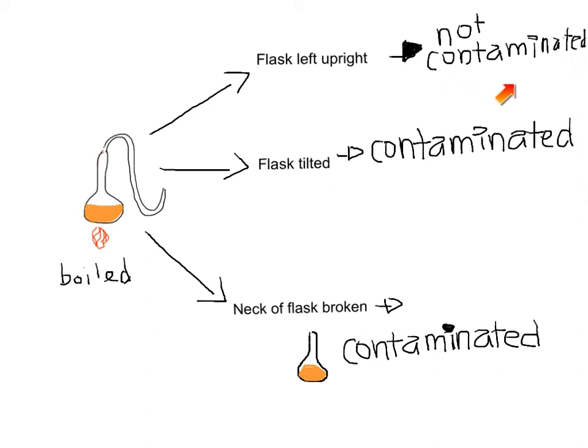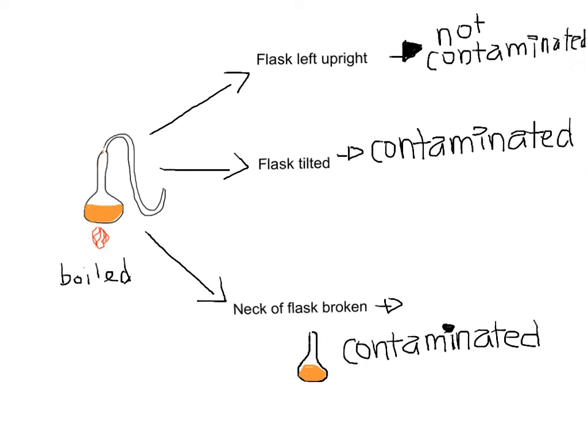And the results were as follows. The flask that was left upright, the broth did not become contaminated. The flask that was tilted, the broth did become contaminated. And the flask which had its neck broken also became contaminated. How do we understand these results?